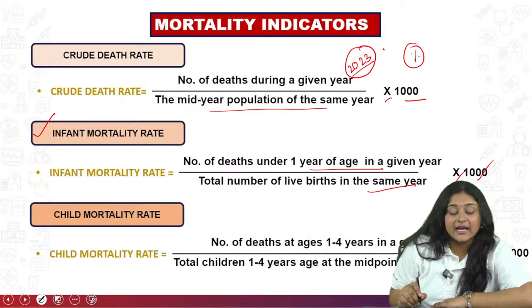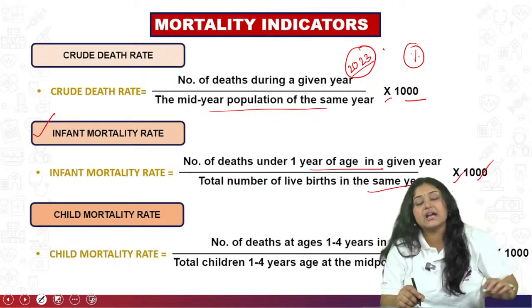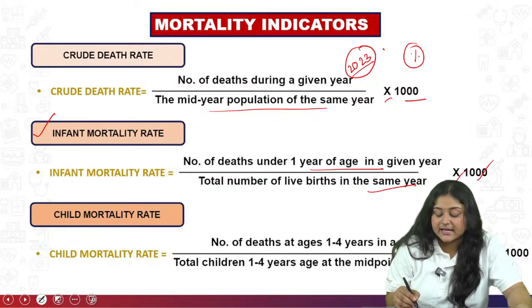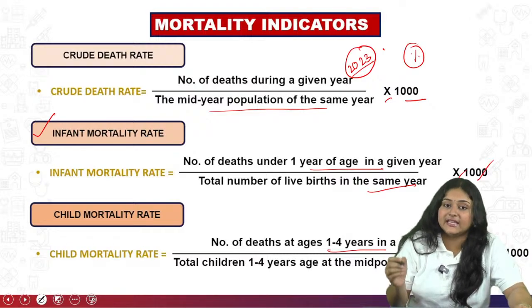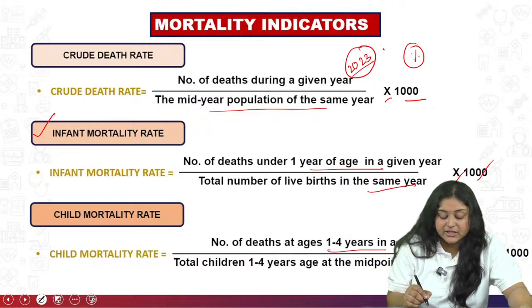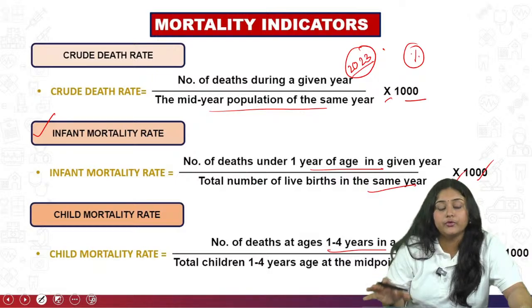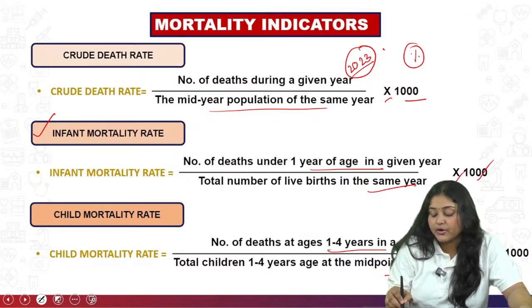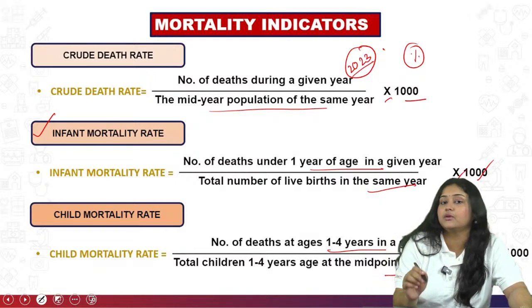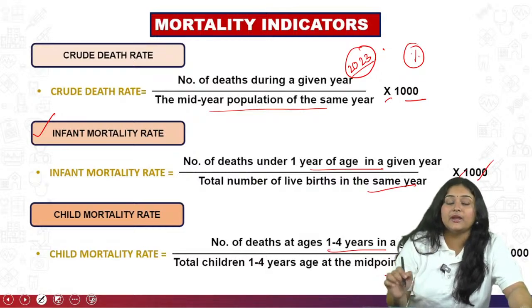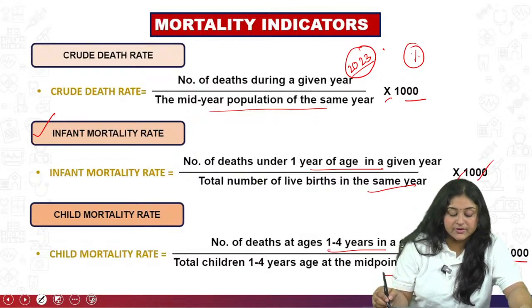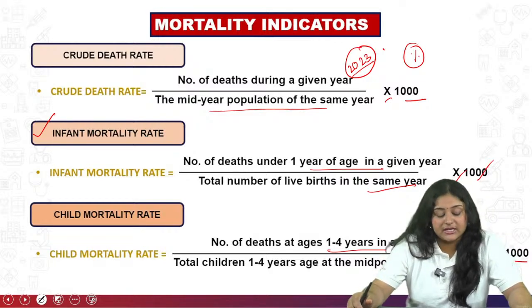Now come to the child mortality rate. It's nothing but the number of deaths which occur at the age of 1 to 4 years in a given year, divided by the total children of 1 to 4 years present at the midpoint of the same year in that same community area, and that numerical form should be multiplied by 1000. So that is called child mortality rate.